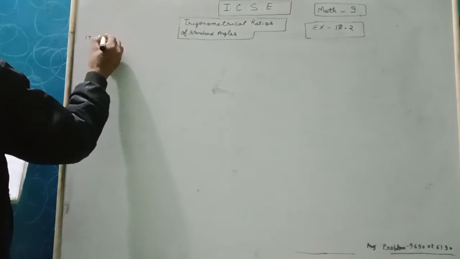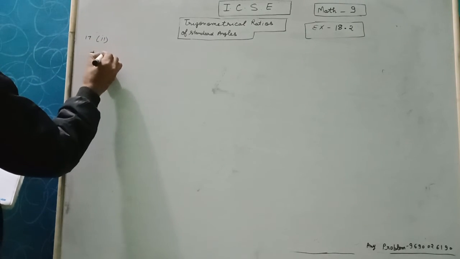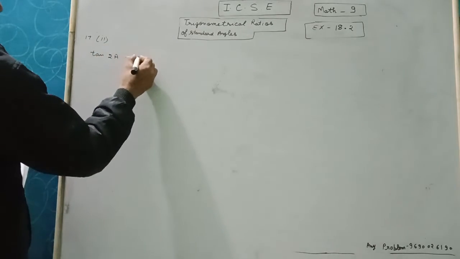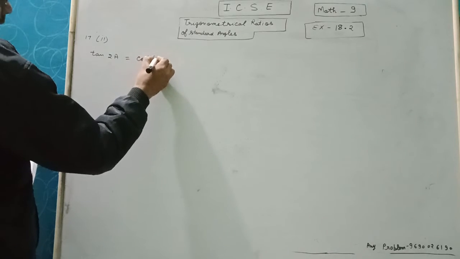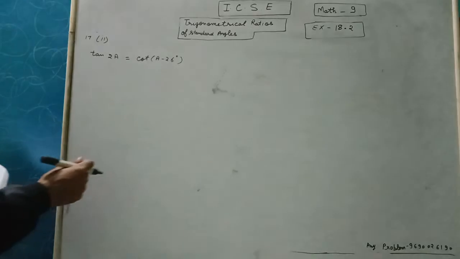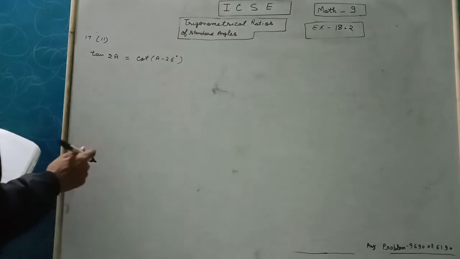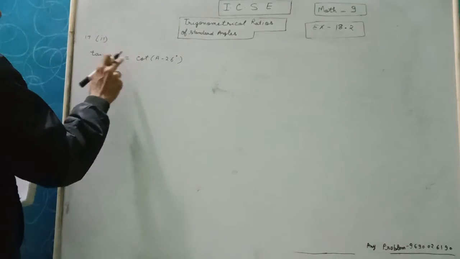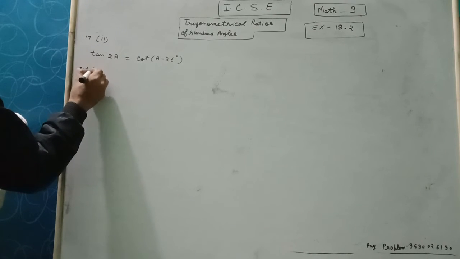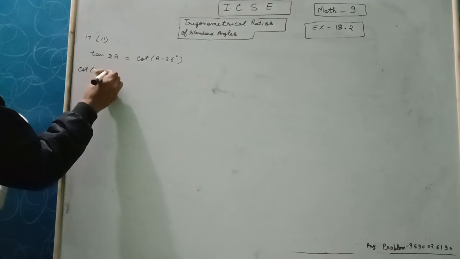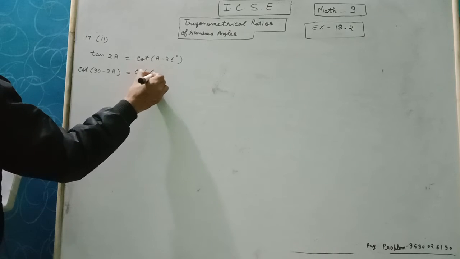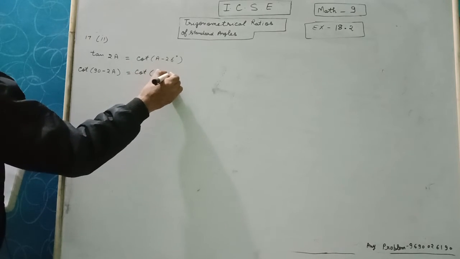Second part is tan 2a is equal to cot(a minus 26). Change tan into cot: tan 2a is written as cot(90 minus 2a), equal to cot(a minus 26).